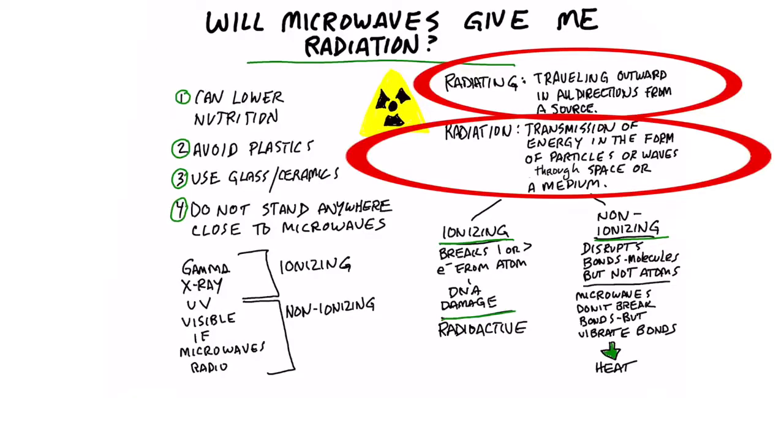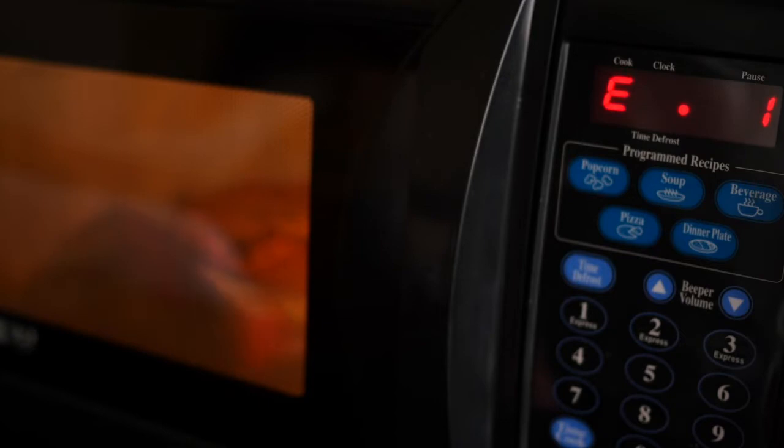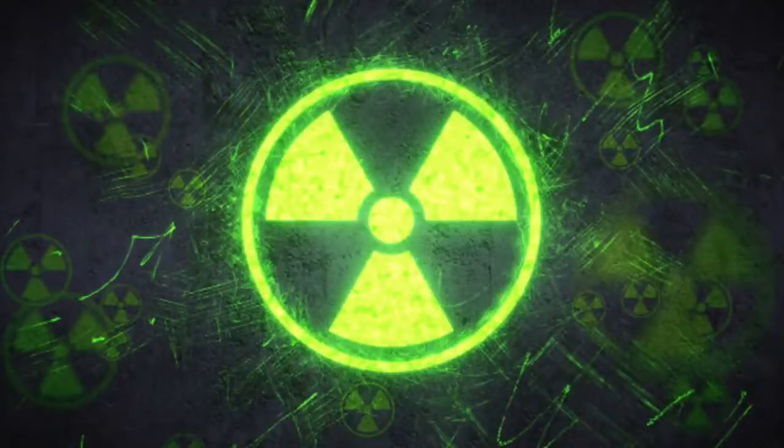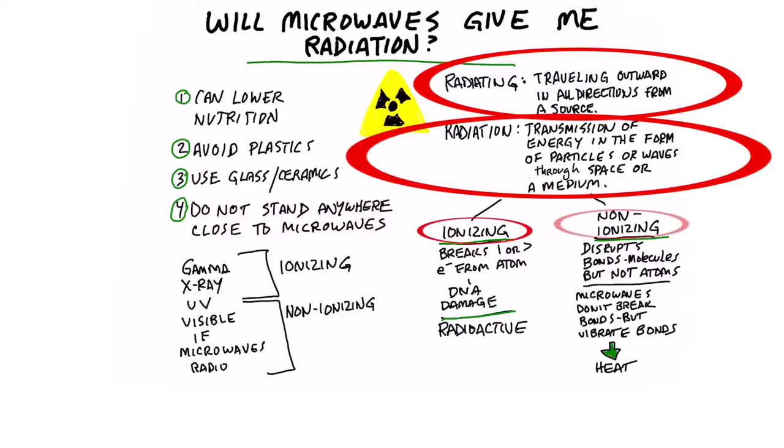And so some people have this consideration that if they microwave the food, it's going to be radioactive in some way. Let's clear that up right now. There's actually two types of radiation. You have ionizing radiation and you have non-ionizing radiation. Ionizing radiation breaks one or more electrons from the atom.